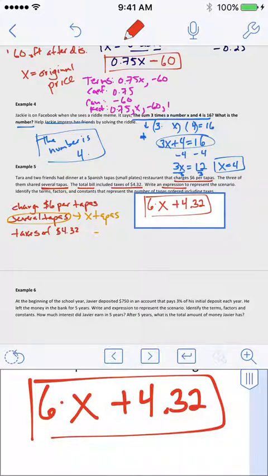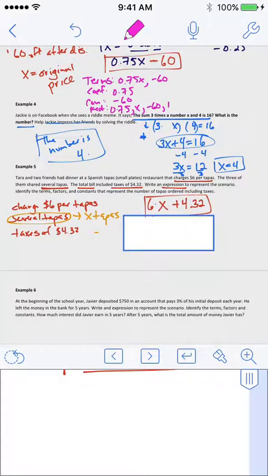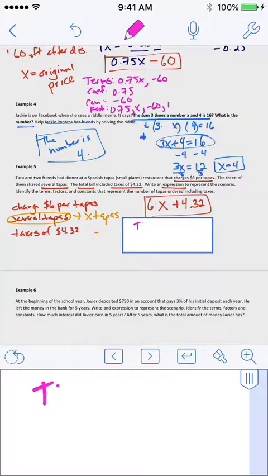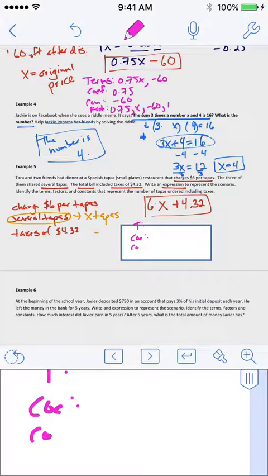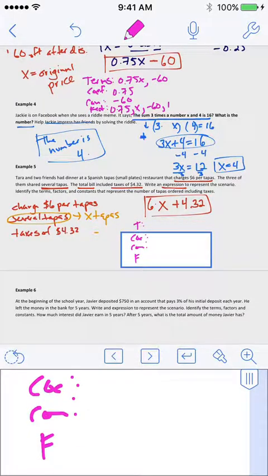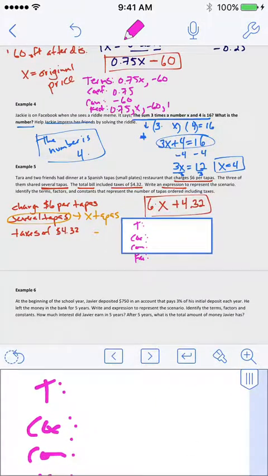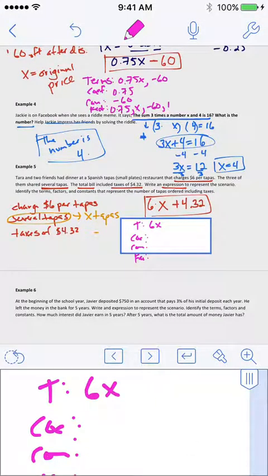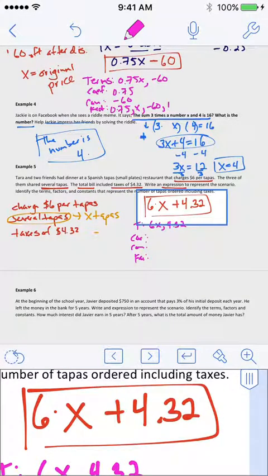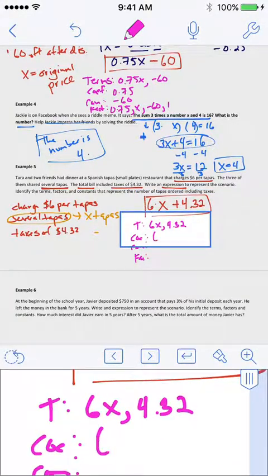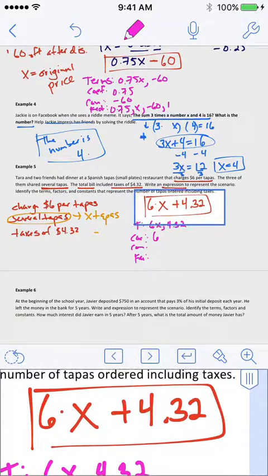Awesome. Last thing they wanted me to do is identify terms, coefficients, constants, and factors. So terms, coefficients, constants, and factors. Okay, terms, right? Anything separated by plus or minus, so 6x and 4.32. Coefficients, any visible coefficients, we've got 6.